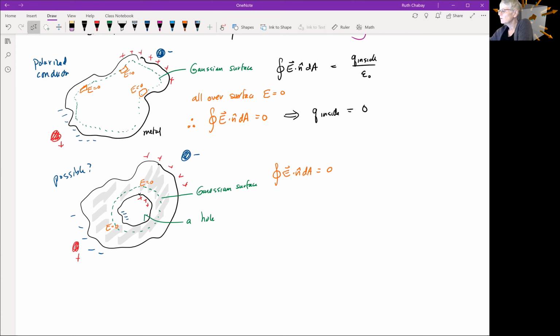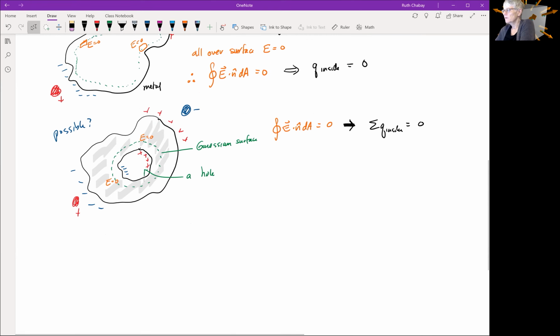So that implies that the charge inside equals 0, but it doesn't rule out that we have equal and opposite amounts of positive and negative charge here. And for that, we need to think about potential.